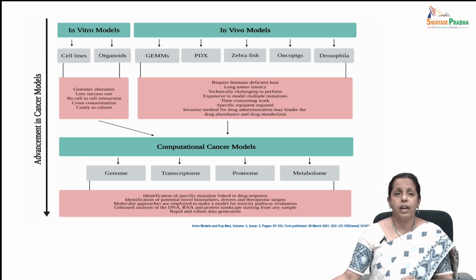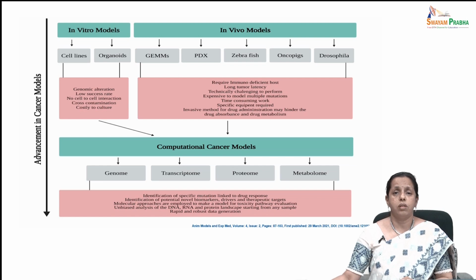They do not have any cell-cell interactions, and they are very prone to cross contamination, because in a lab we do not handle only one cell line. When you use multiple cell lines, there is a possible chance of cross contamination, and it could be costly to culture.